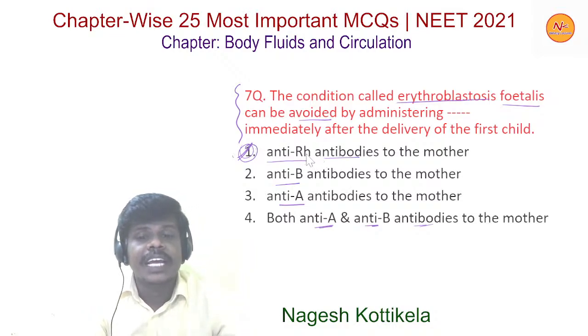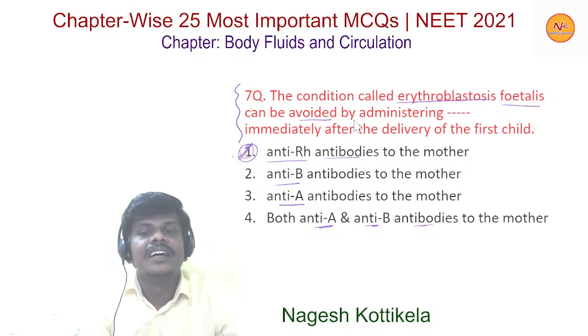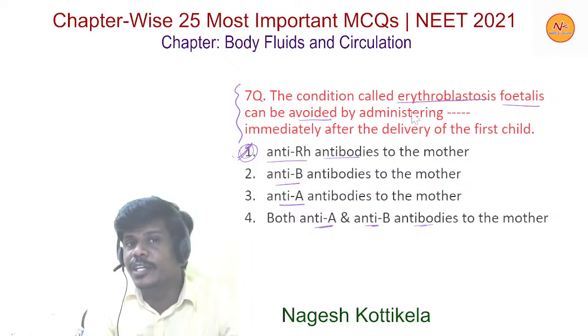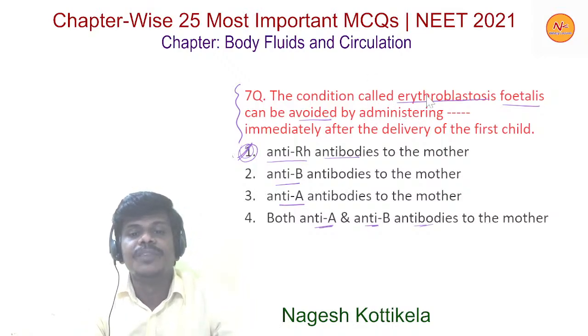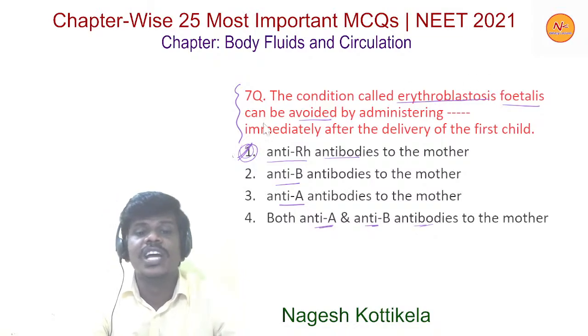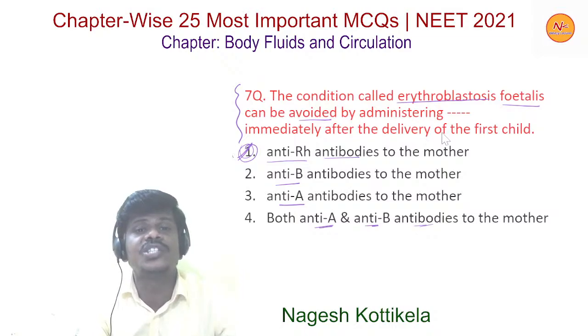So here, if anti-RH antibodies are administered to the mother, then this condition can be prevented. So the statement here is, the condition called erythroblastosis fetalis can be avoided by administering anti-RH antibodies to the mother immediately after the delivery of the first child.